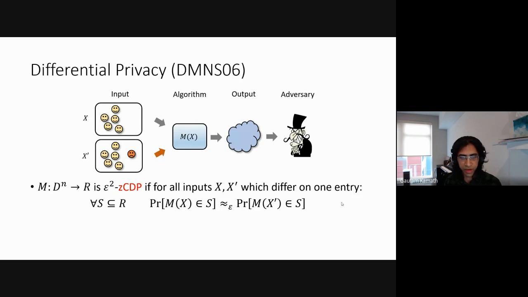You can think of concentrated differential privacy as sitting between those two: it's stronger than approximate differential privacy, but weaker than pure differential privacy. If you don't like a different notion, just note that everything I talk about today will pretty much hold for approximate differential privacy as well. And of course, at any time, if there are any questions, or anything's unclear, or you want me to elaborate on something, please ask.